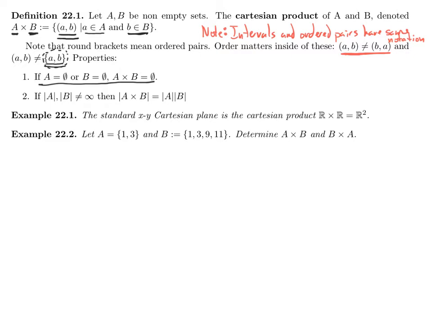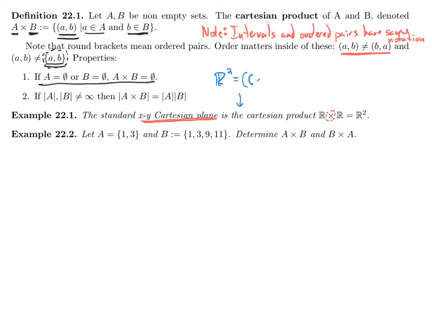The one we're most familiar with is the idea of the Cartesian plane. Your xy coordinates in the Cartesian plane, that's a Cartesian product of two copies of R. Because remember, let me draw this out. R squared, well, what is that?